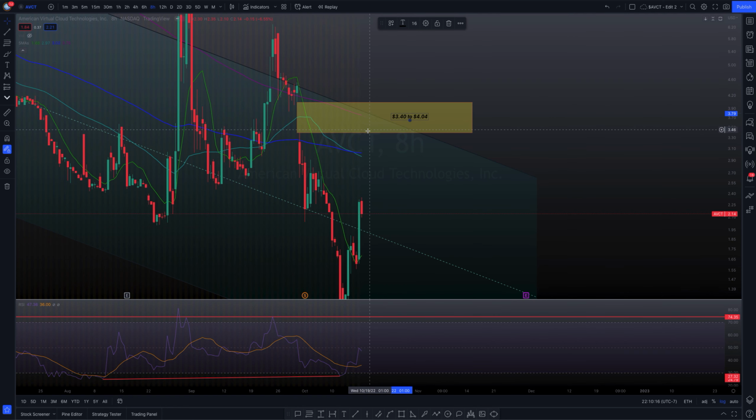So that's another thing that we have to look out for, because this 200-day moving average is already within the gap range. So we have some rhyming within resistance levels here.